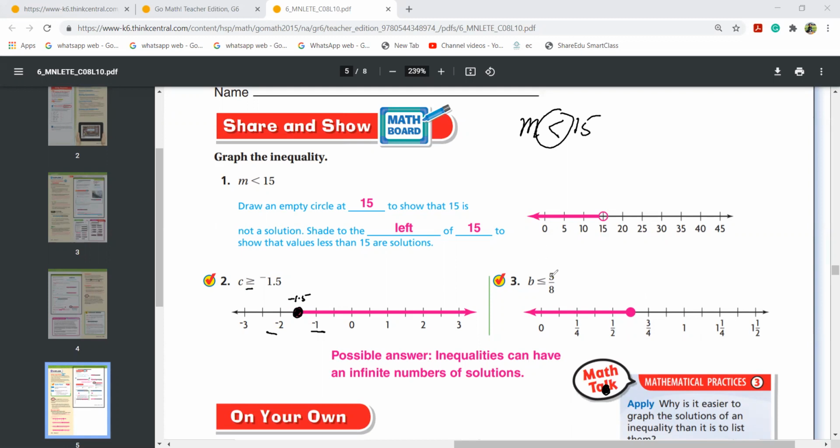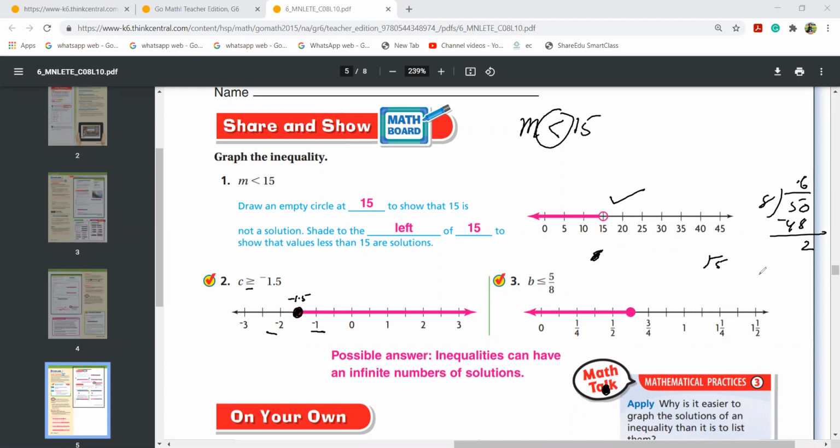Miss, I didn't understand. If the circle is not shaded, what does it mean? If the circle is not colored, that means you don't have to put the equal sign. If the equal sign is there, you need to put a dark circle. So if it's shaded, you have to put the equal sign, right?